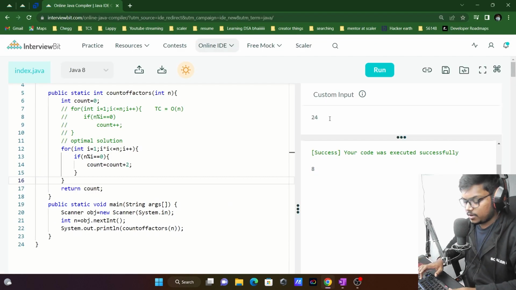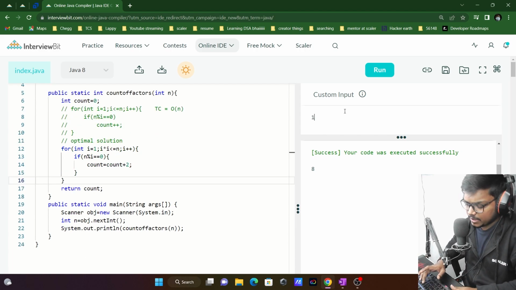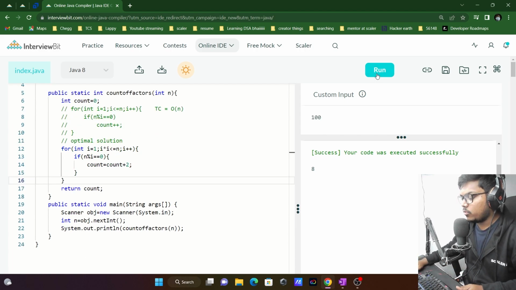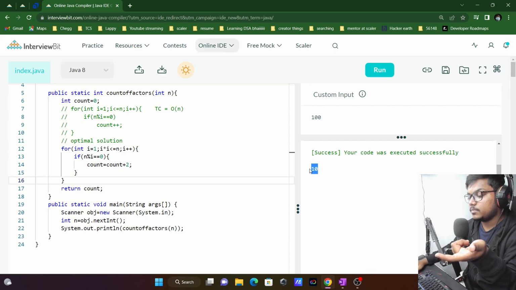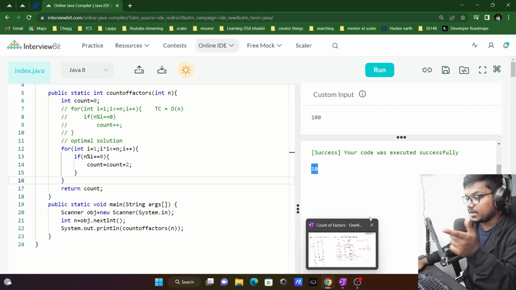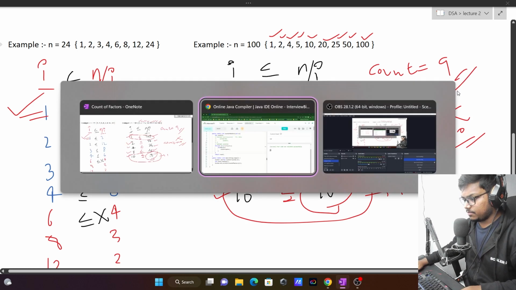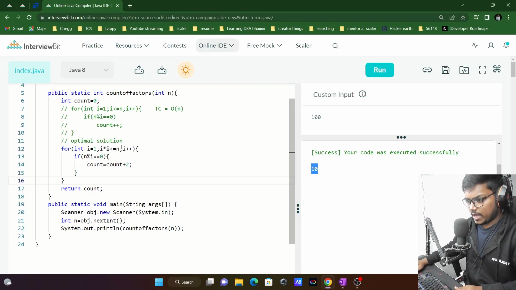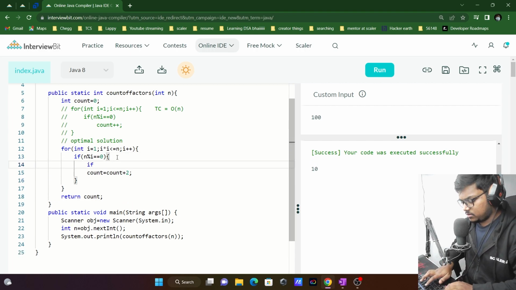I have not changed the code anything here. I'm just typing 100 for the previous code. Now what I'm getting here is 10, but actually the correct answer is 9, right? The correct answer is 9, but we are getting 10. So as I told you, I have to simply check the condition.